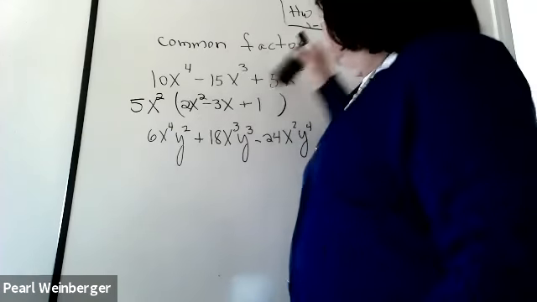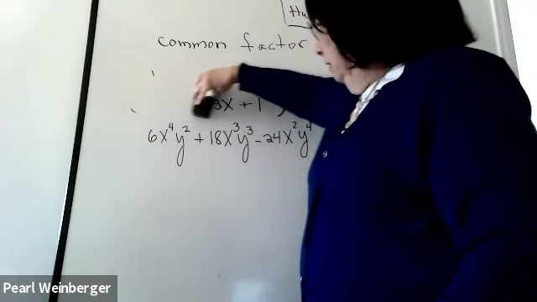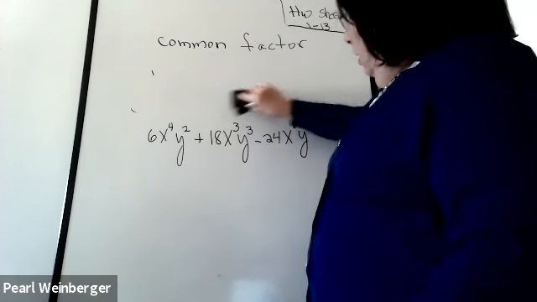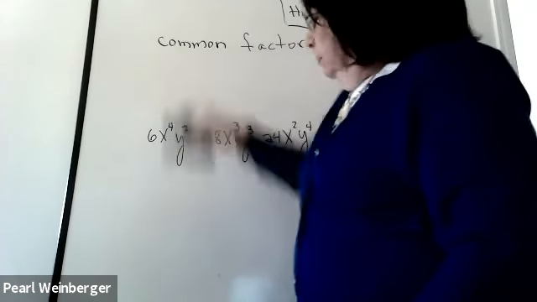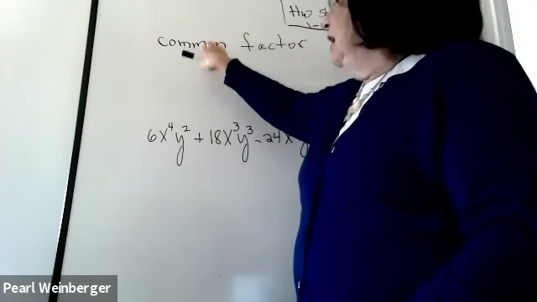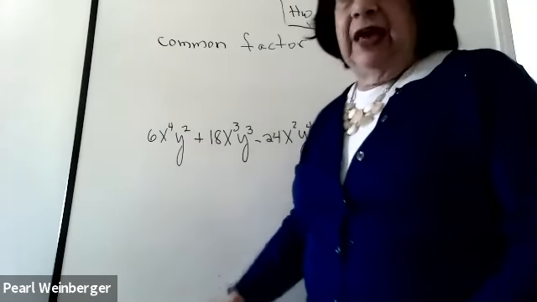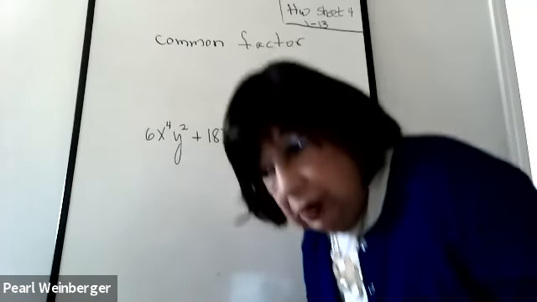Let me erase this because it looks a little too messy. I want to factor this polynomial. Again, the first thing I always look for is a common factor. Figure out what the common factor is and factor it out. I'll give you a few minutes.